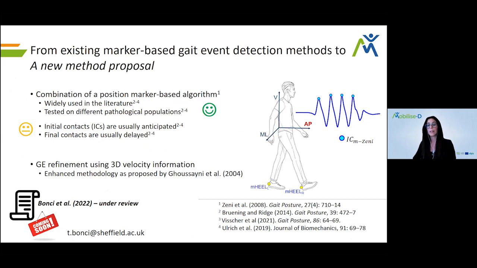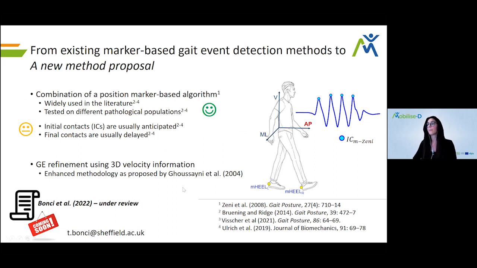And we are refining the identification of the gait events using 3D velocity information of the foot. And we can also refine this gait event detection when the foot to ground contact is going to happen either in forefoot or in rear foot.